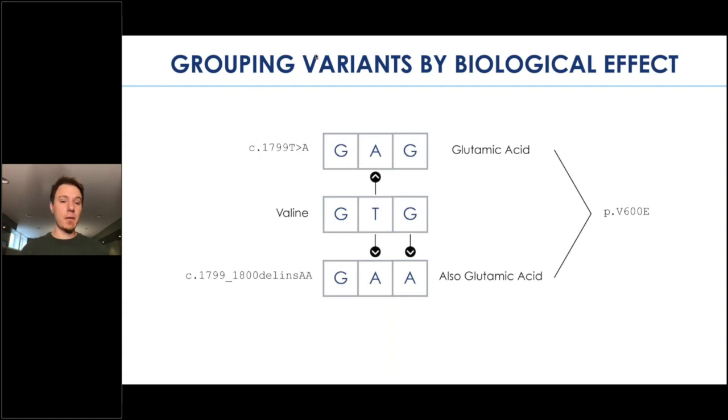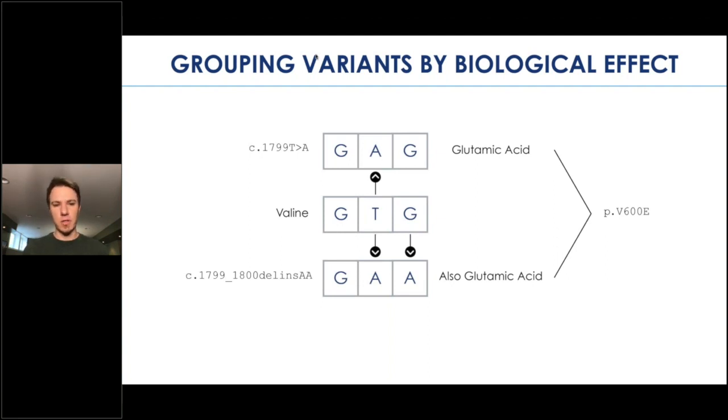However, there might be a paper, and this is a bit more of a contrived example to be sure, because one of these is much more likely to occur than the other, but there are other examples where you might have multiple cDNA changes that are similarly likely to happen. But in this case, you might have a paper that describes C.1799 to 1800 Dellins AA, meaning the TG changed to an AA, which results in the same amino acid substitution.